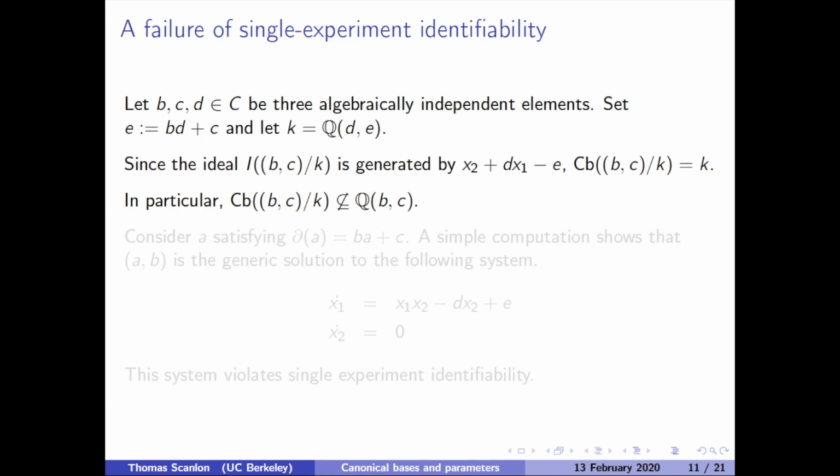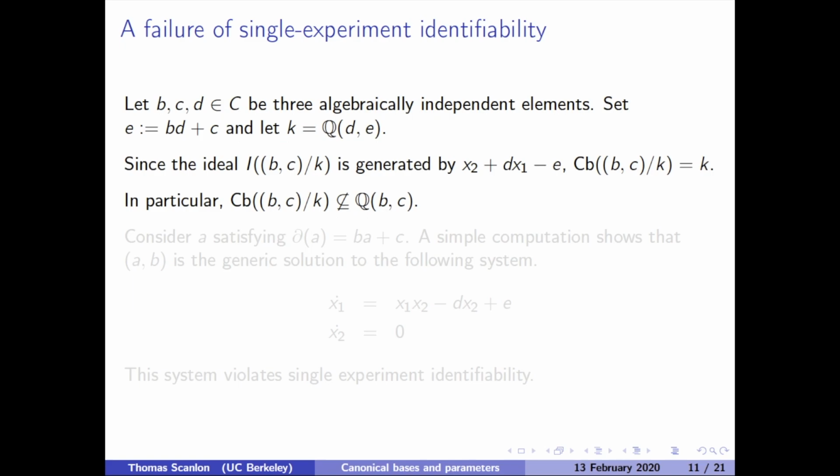They also have x2 prime equals 0, x1 prime equals 0, and this one equation, which is monic, and so you can tell that it's going to make it stationary, and you can see what the coefficients are, D and E. It's monic, so it's going to generate the canonical base. So the canonical base of BC over DE is just the field generated by D and E. It's true the other way around, but it's not so important.